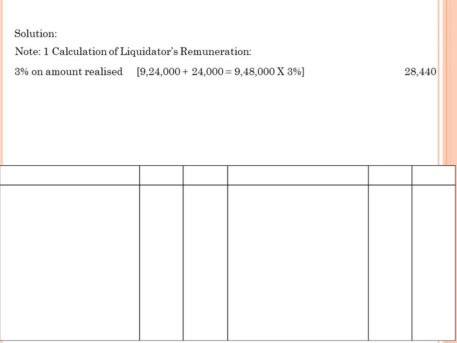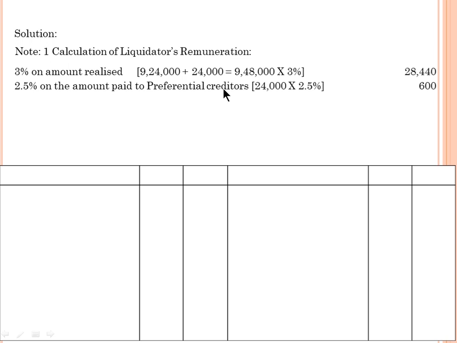Dear students, before preparing the liquidator final statement, always give preference to finding the liquidator remuneration. See here, first note, calculation of liquidator remuneration. 3% on the amount realized. So 9,24,000 assets realized and 24,000 rupees surplus from secured creditors, so 9,48,000 into 3%, 28,440, followed by 2.5% on the unsecured creditors.